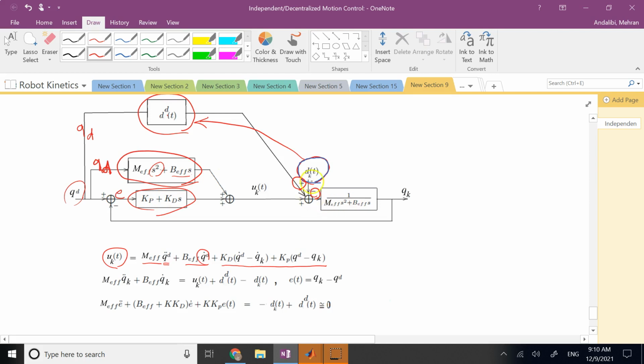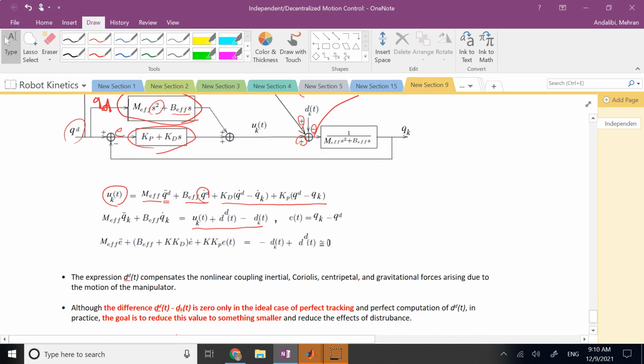And now the total input to your system, this guy here, is going to be UK plus DD, and then minus DK, which you can see here. Right? Now, what's going to happen?